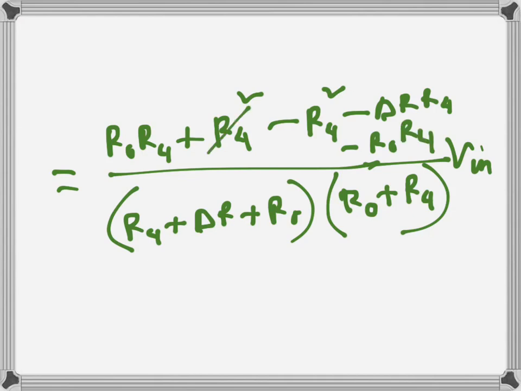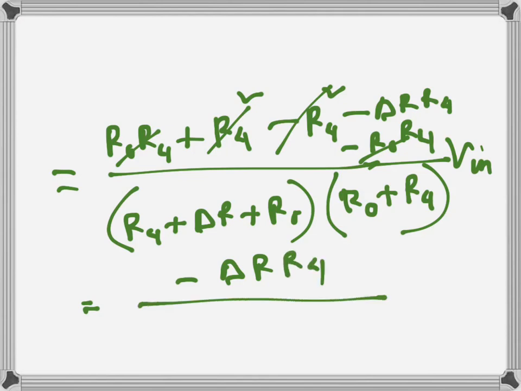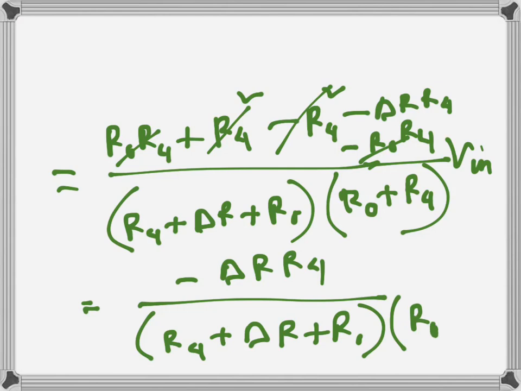We can see that these are getting cancelled. So we have now minus del R times R4 divided by R0 plus del R plus R4 times R0 plus R4, times V in here.